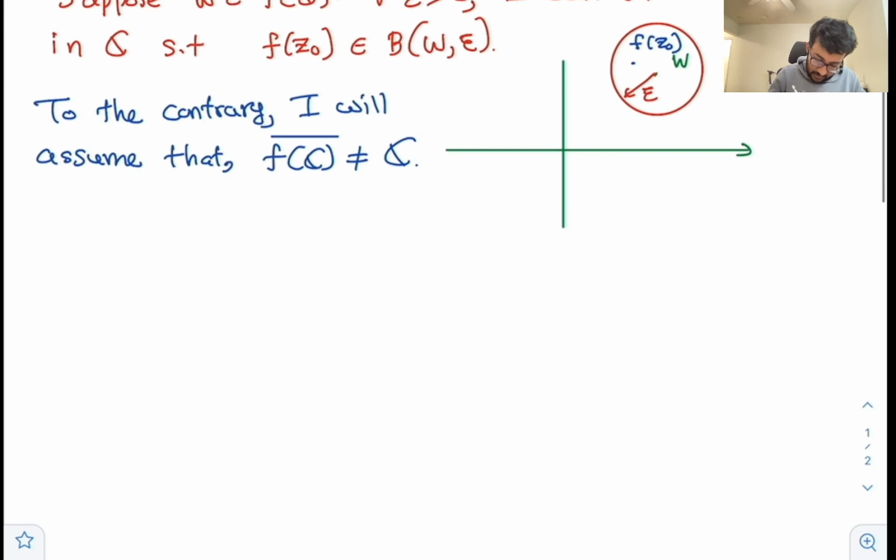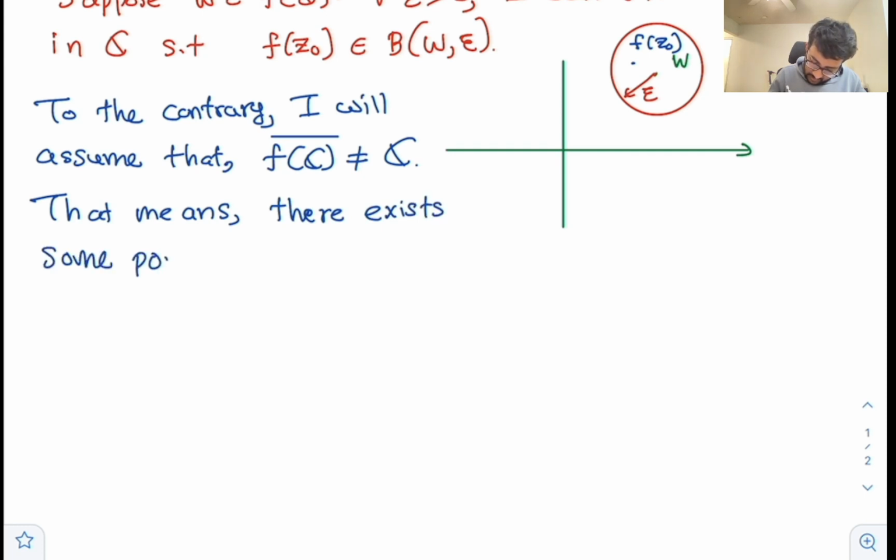That means there exists some point w naught in C which is not contained in the closure of f(C), or the closure of the image.